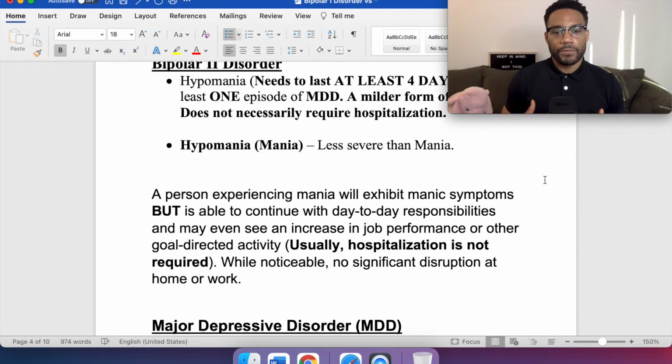So that's why we definitely want to treat it, so it's not all benefit from experiencing that hypomania. But again, the main difference is the time frame: bipolar 1 is 1 week, bipolar 2 is at least 4 days, and an episode of MDD is required. And then overall, bipolar 1 is more severe than bipolar 2 disorder.